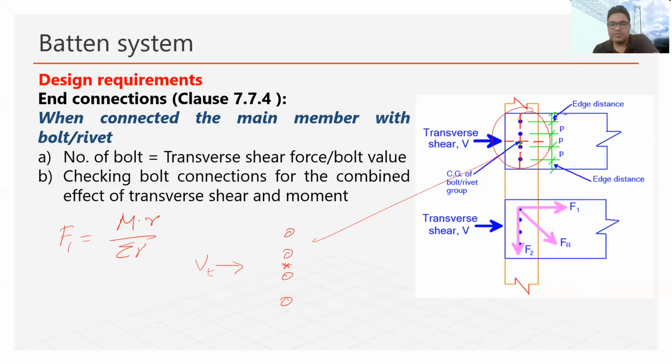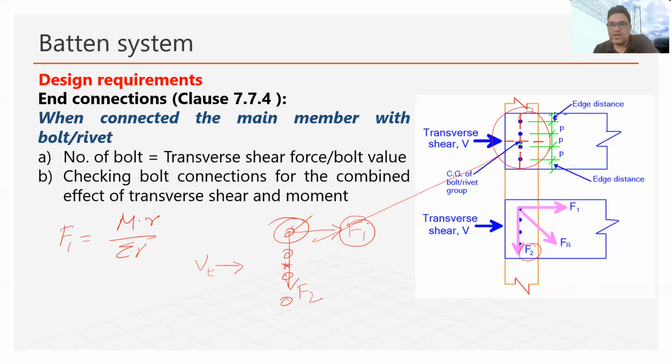So from the CG, the extreme bolt will be this one. This bolt will be the most critical bolt, and it will experience the maximum effect of the moment, which I am representing as F1. The same bolt will also experience the effect of longitudinal shear, which I am representing here as F2.